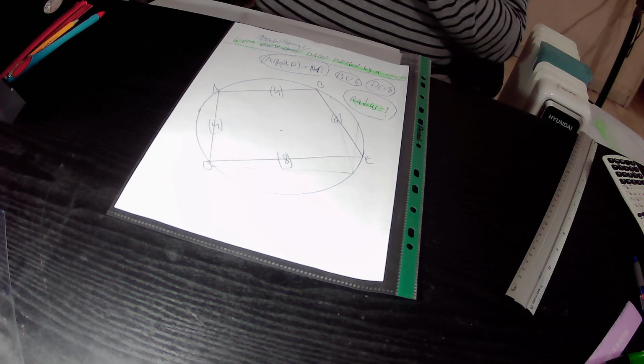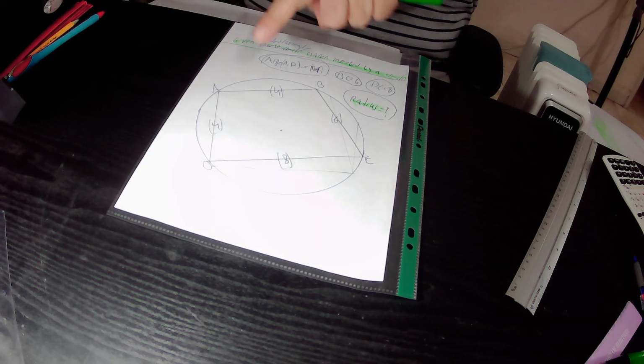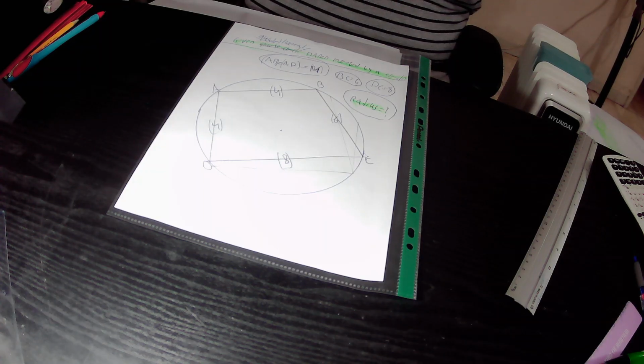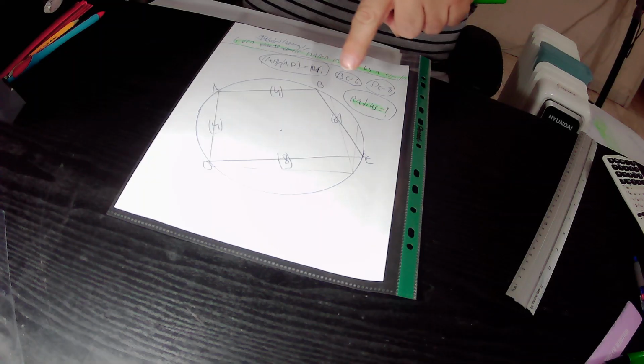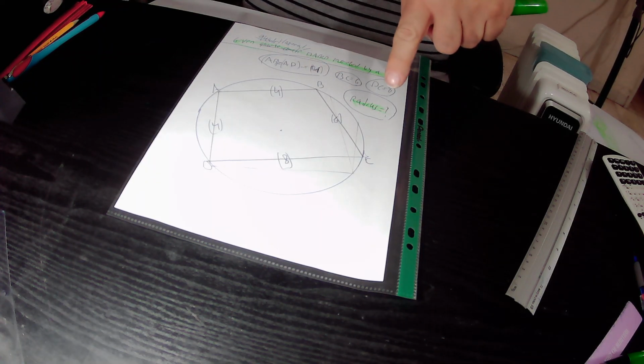Our task in the first question was to find out the radius of this circle. The circle circumscribes a quadrilateral ABCD, or quadrilateral ABCD is described by this circle.